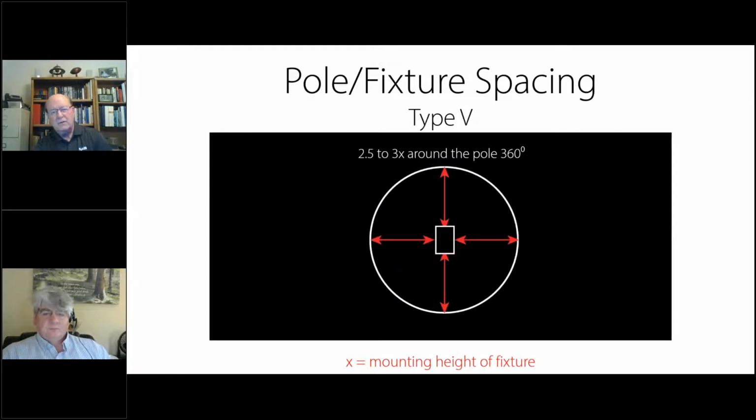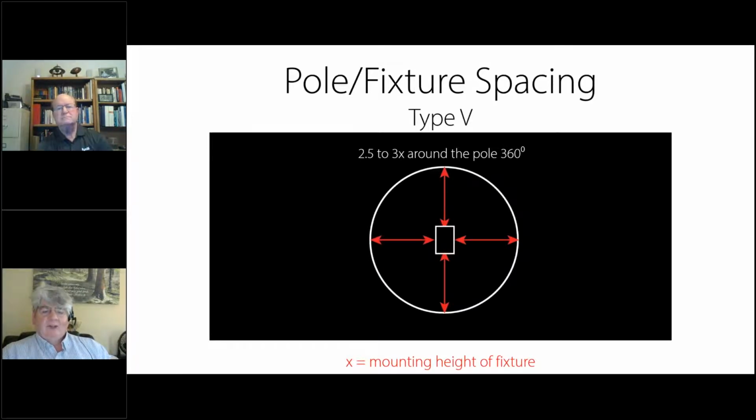So, Donald, you talked about this earlier, but this is symmetrical all the way around, please. Right. So, I'm in a center island in the middle of a parking area, and I'm trying to provide as much light as I can. I can go with 2 type 3s back to back, and that's 2 fixtures. Or I can look at 1 type 5, which is going to distribute pretty much the same coverage as the 2 type 3s.